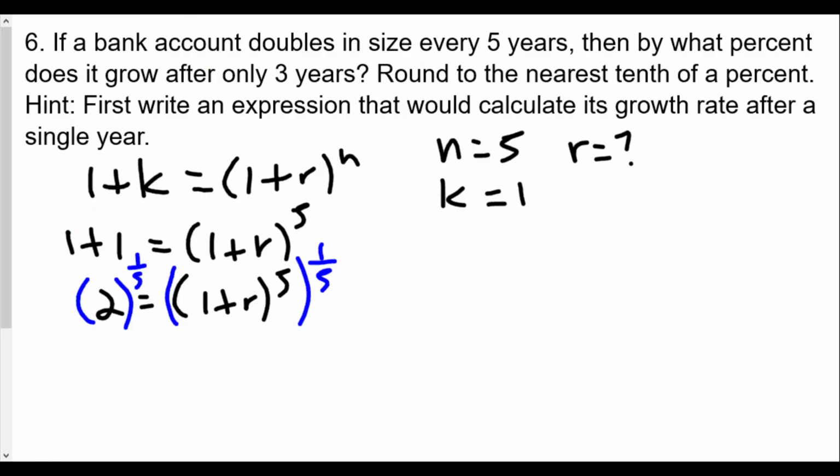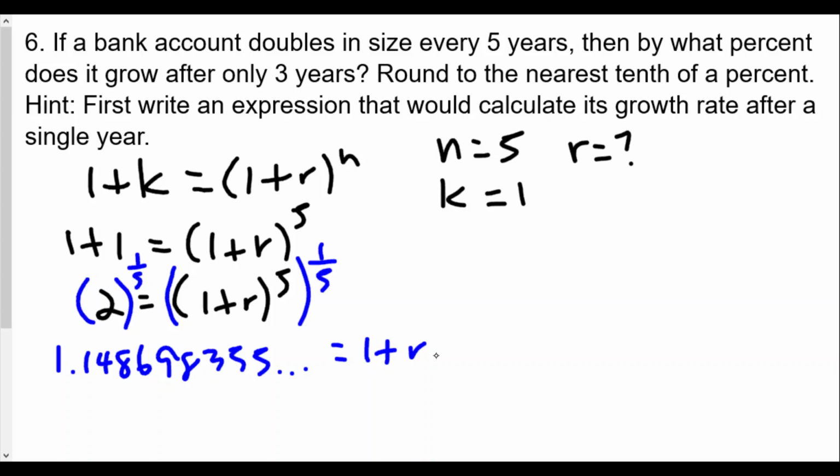So we find out in this case that 2 to the 1/5 power is about 1.1486, 1.148698355, and some more numbers probably, equals 1 plus r.